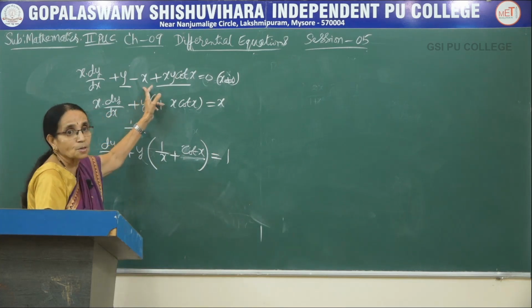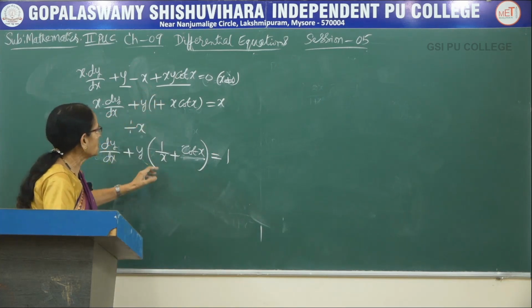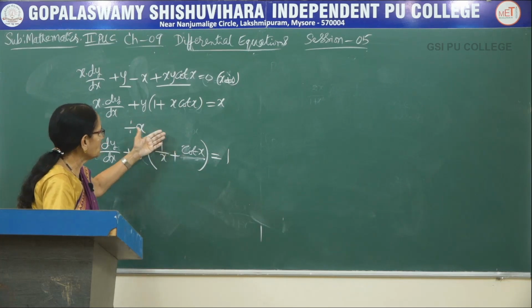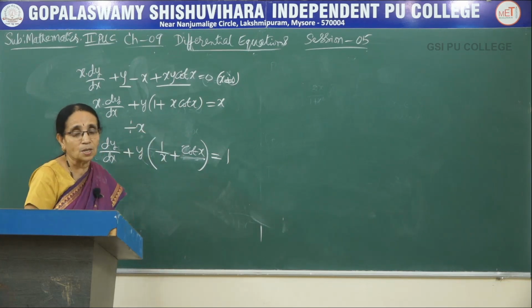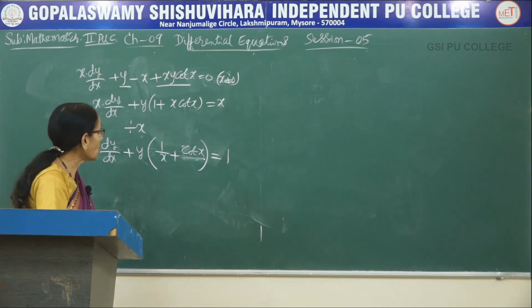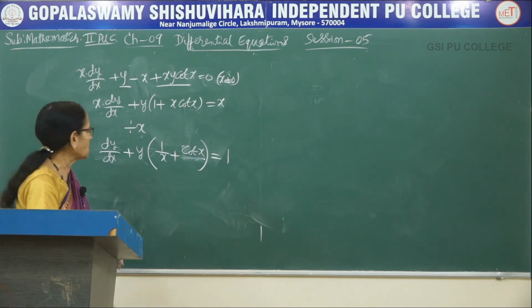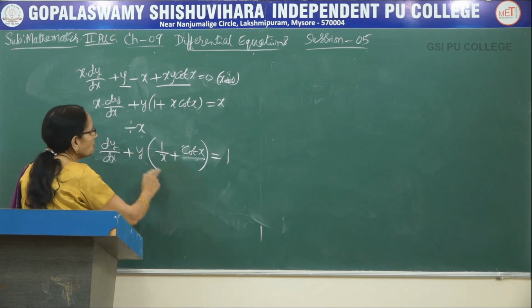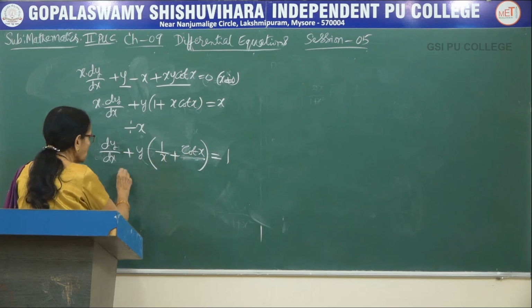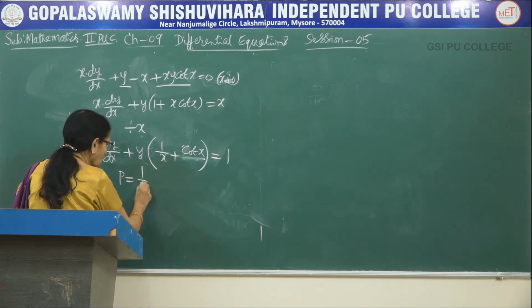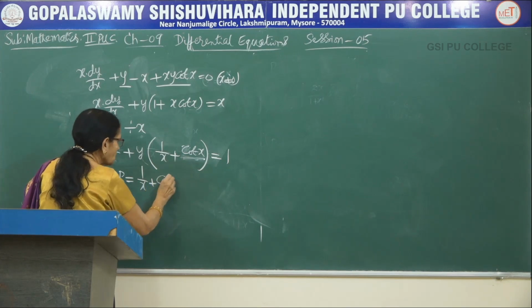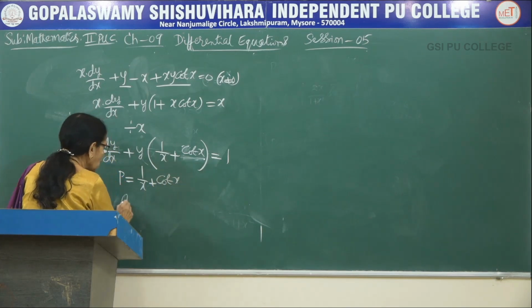Otherwise, if minus x is not present in the problem, we don't get the given equation in the standard form. Now you can identify the values of p and q. What is p here? P is the coefficient of y, that is p has got the value 1 by x plus cot x, and what is q?